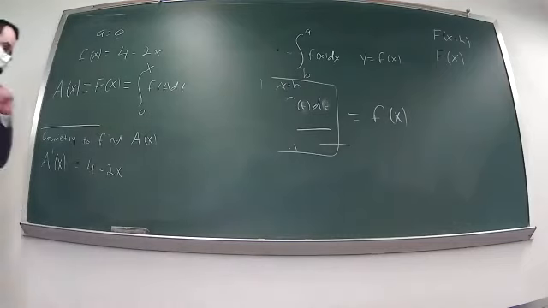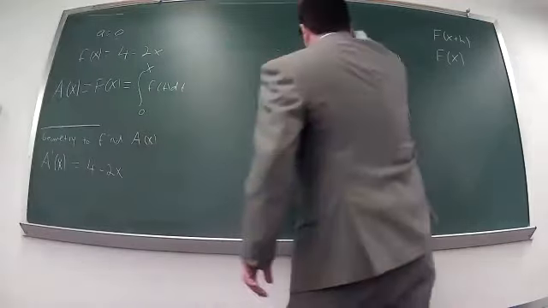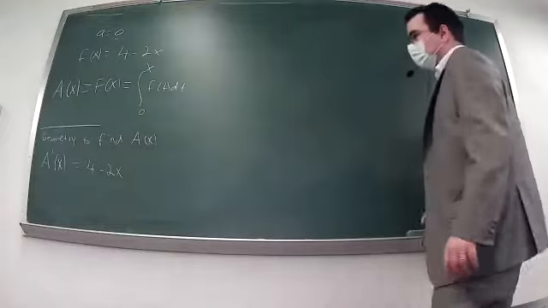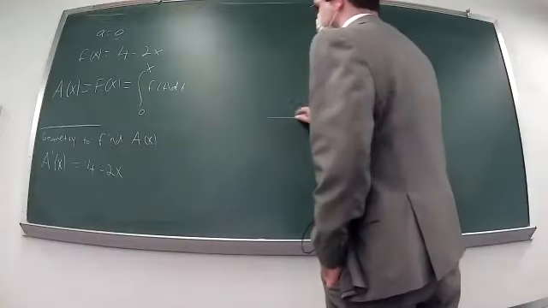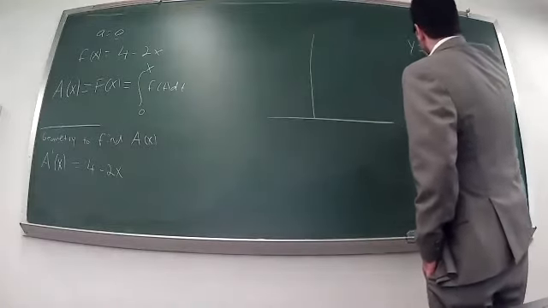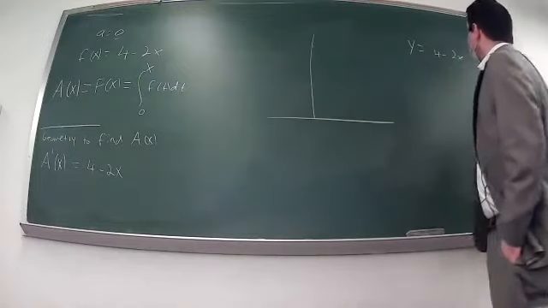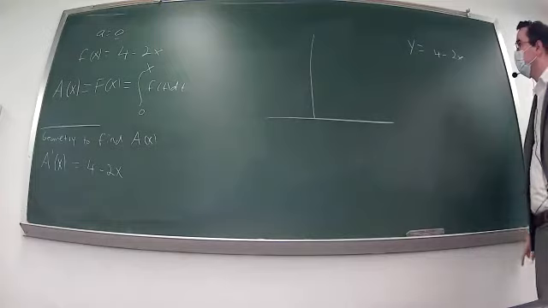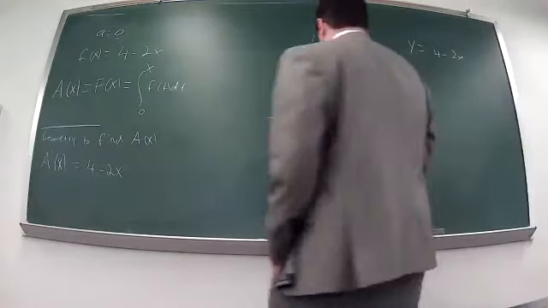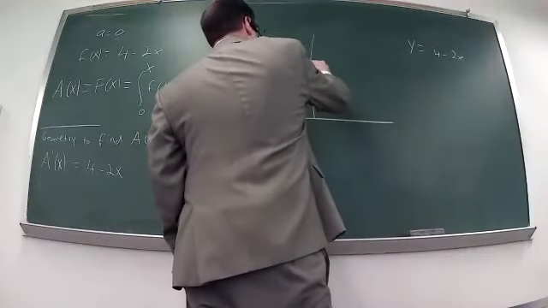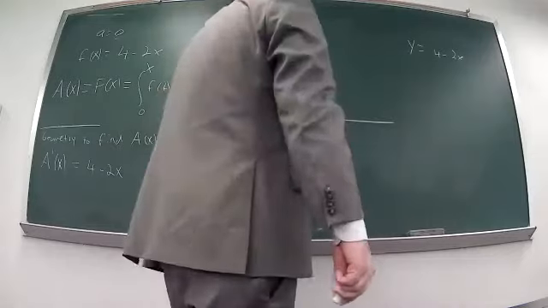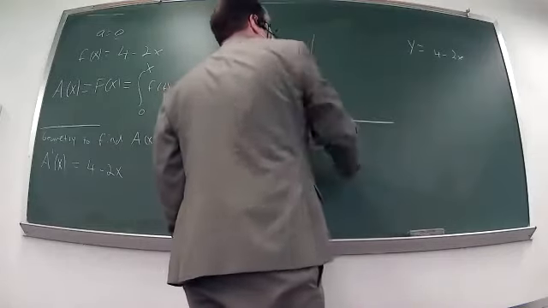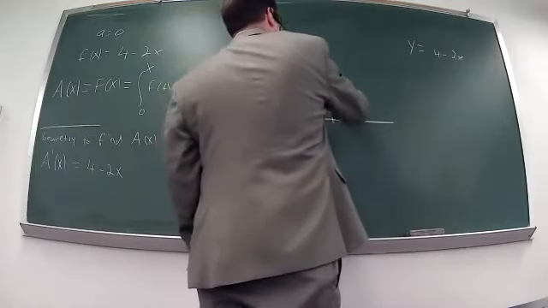Let's try to do that. Let's try to get a picture. So 4 minus 2x is a line with slope -2 and y-intercept equal to 4. Here's x equals 0; if x equals 1, y is going to be equal to 2.